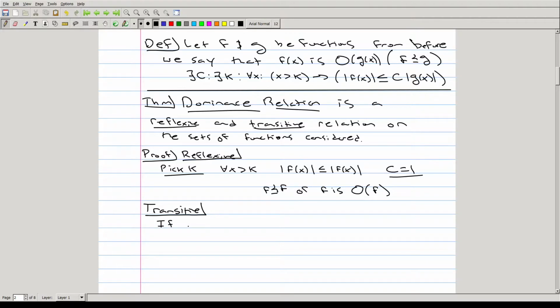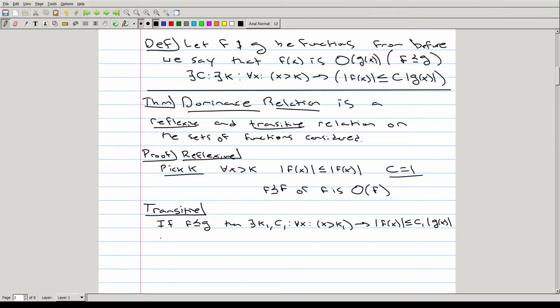We assume that if f is dominated by g, then there exist some k1 and c1 such that for all x, if x is greater than k1, then the absolute value of f of x is less than or equal to c1 times the absolute value of g of x.